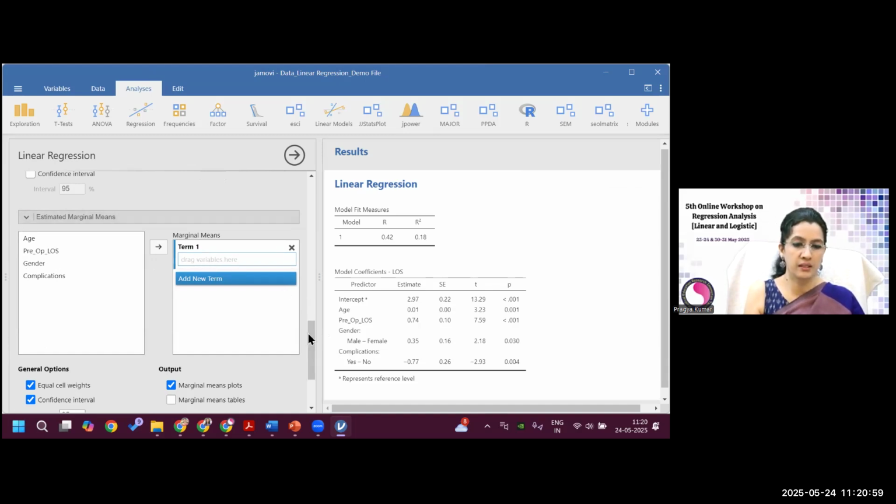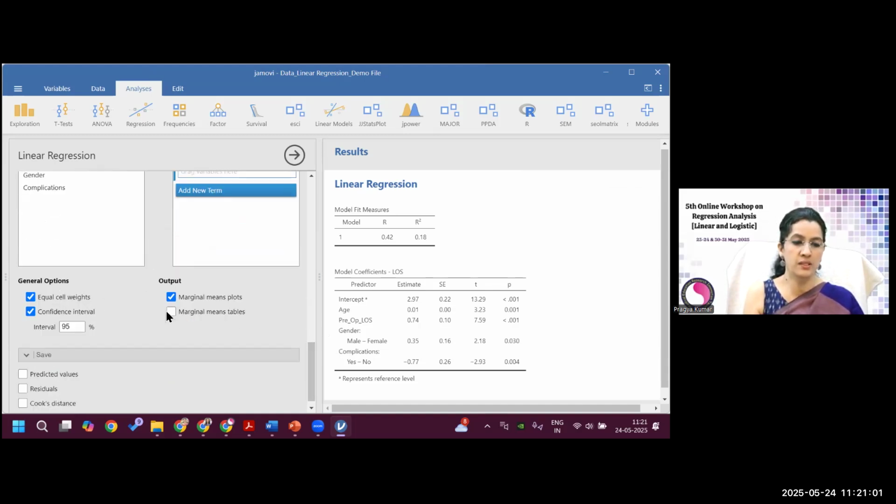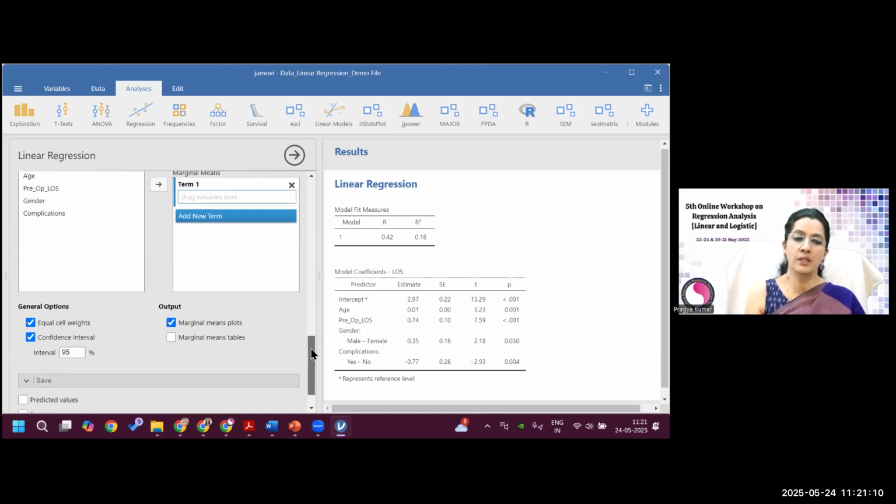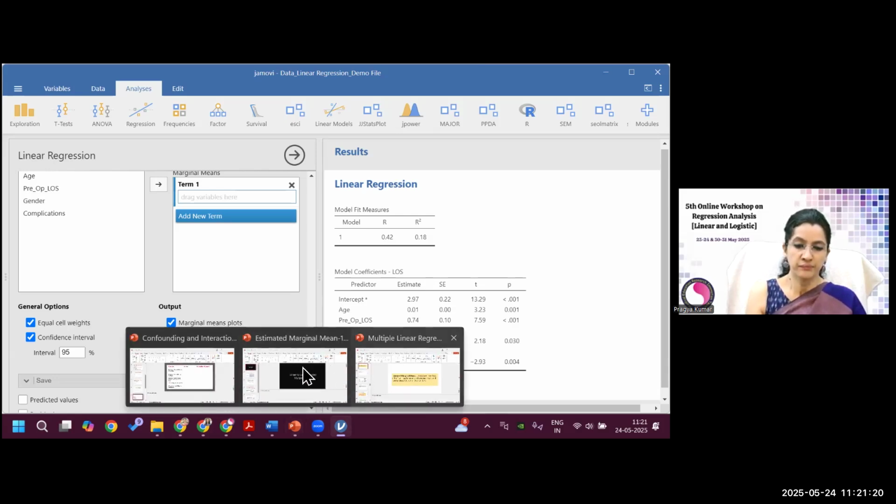And then there are a few other options like equal cell weights, marginal mean plot and marginal mean tables, etc. So we will explain now how this marginal mean is different from the traditional mean which we know, and what is the importance of this marginal mean in case of ANOVA or regression.